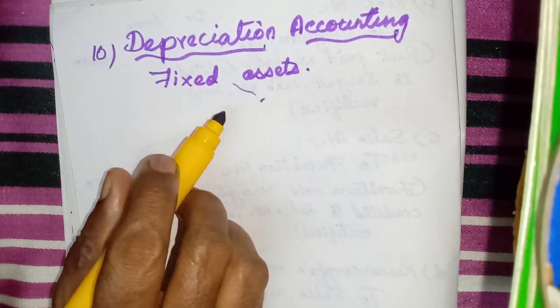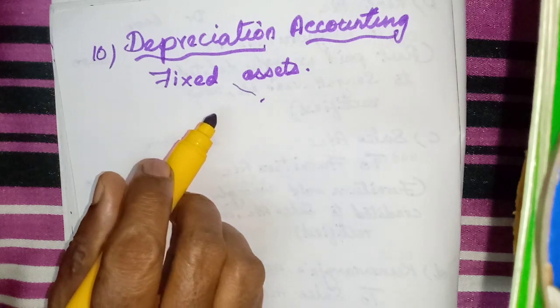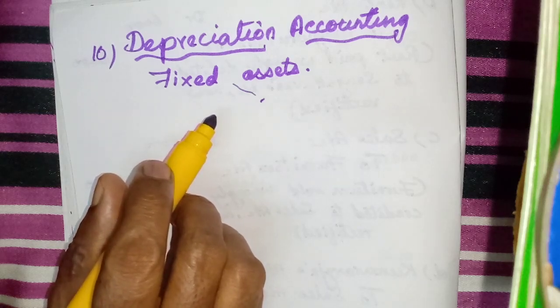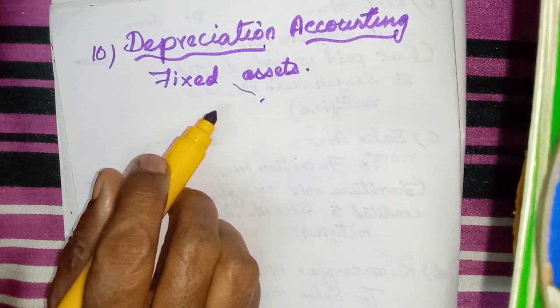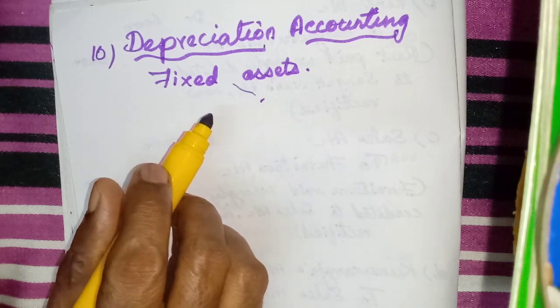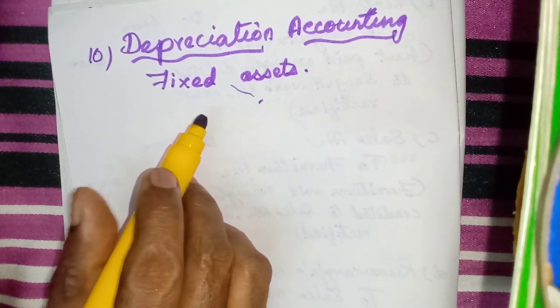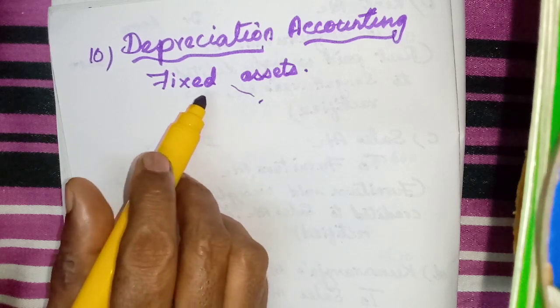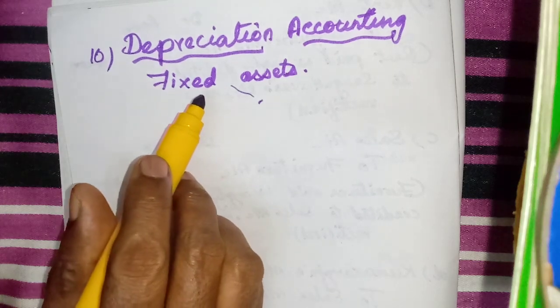All the other assets we can say are fixed assets. For example, building, plant, machinery, furniture, any office equipment, motor vehicles, and any other fixtures. For everything we have to calculate a certain percentage of the fixed assets as depreciation.